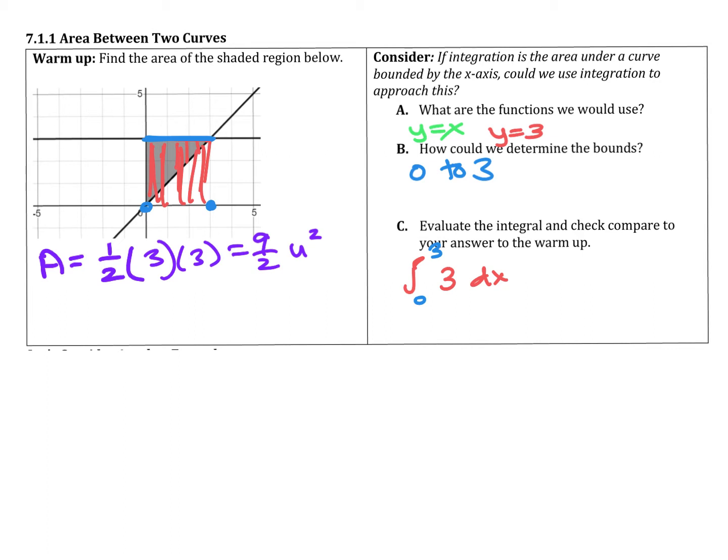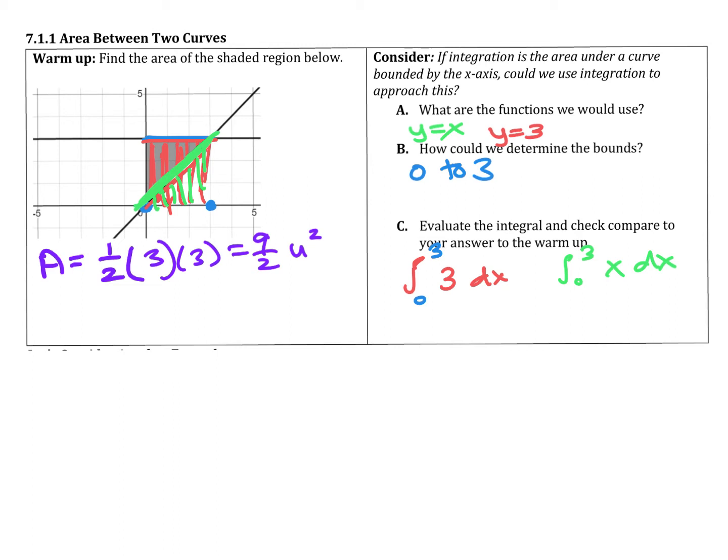But what we really want is not to go all the way from y equals 3 down to the axes, but to stop when we get to this line here, which means this line, if I found the area under the curve of this line, that area would be the integral from 0 to 3 of x dx.